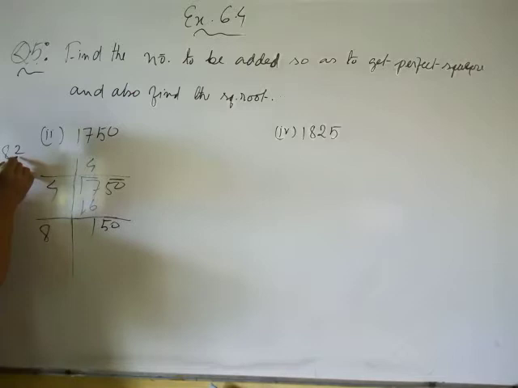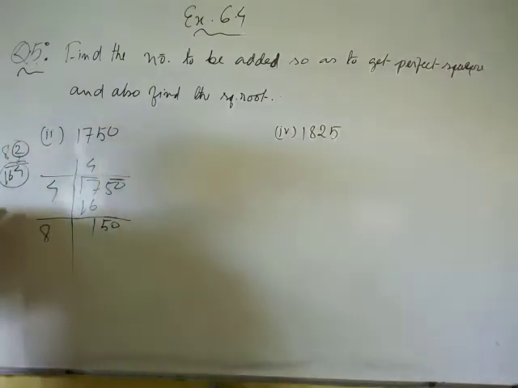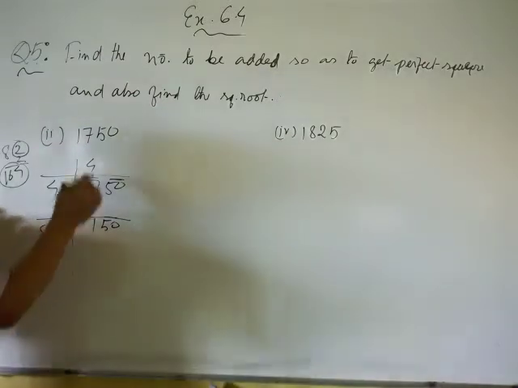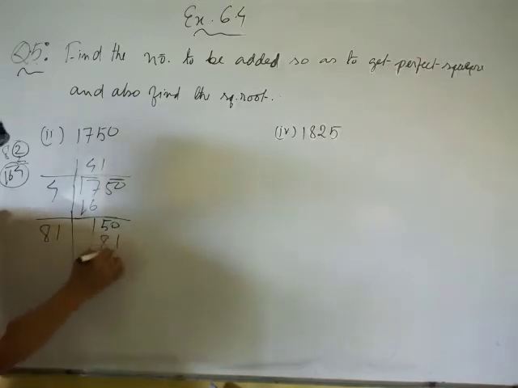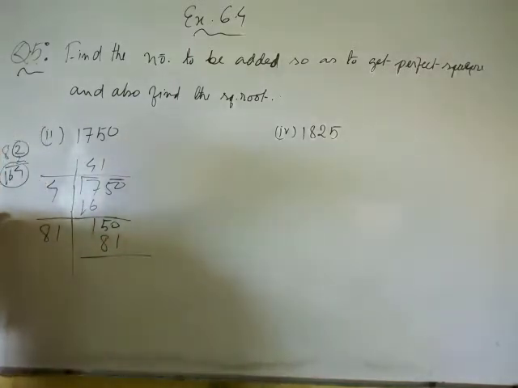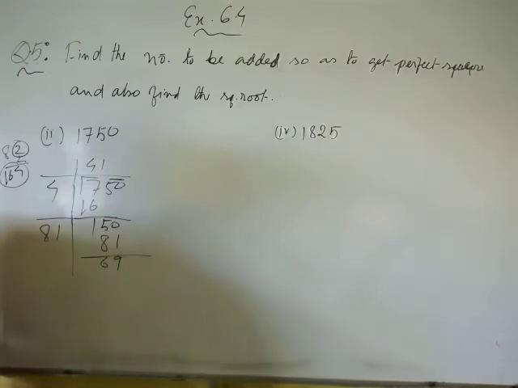But 2 times 82 is 164, and we cannot take 2 even now. We have to take only 1. 1 times 81 is 81. After 81, we get 9, and 69 is the remainder.